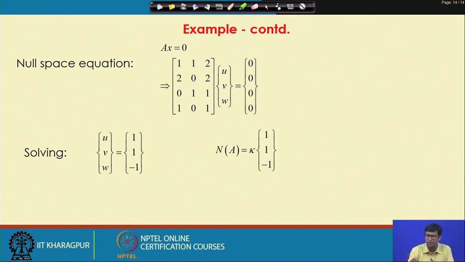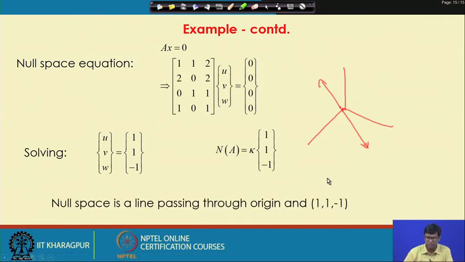If I have the axes x y z, this is basically 1 1 and minus 1. So, this is some line which passes through 0, and any vector along this line will be a null space vector. So, the null space is a line passing through the origin and 1 1 minus 1.